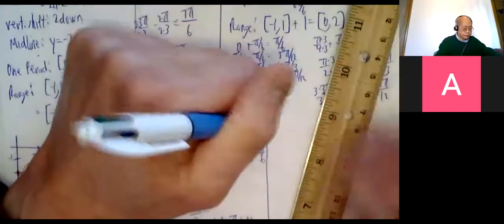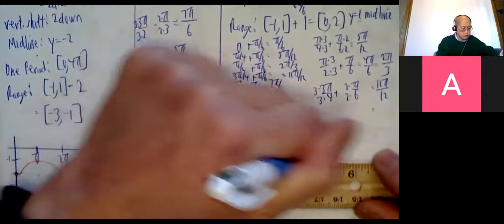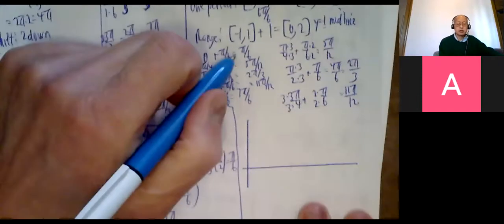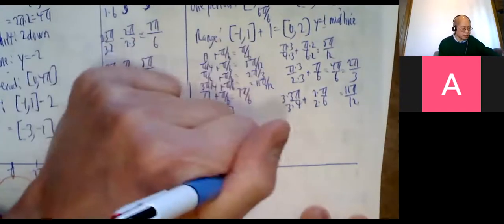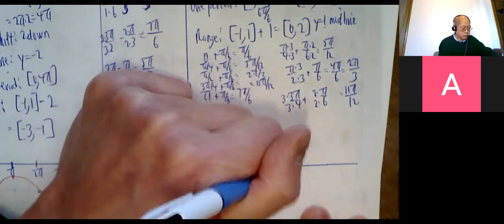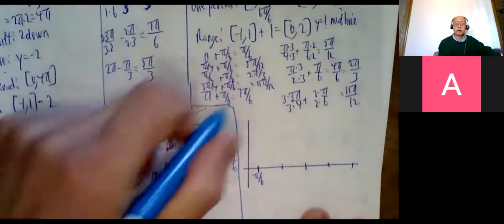Okay. So I start at pi over 6, not 0, my familiar place. Pi over 6, 1, 2, 3, 4.